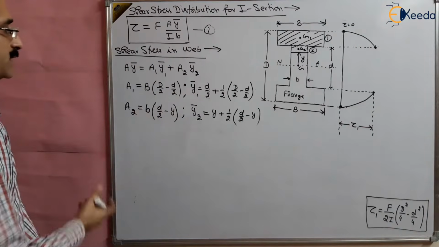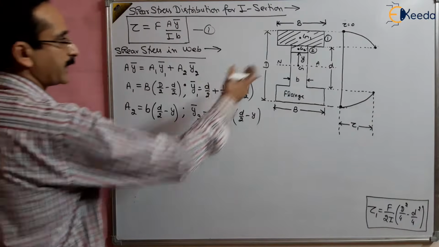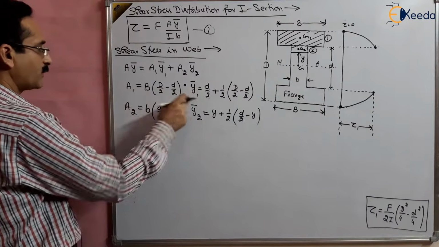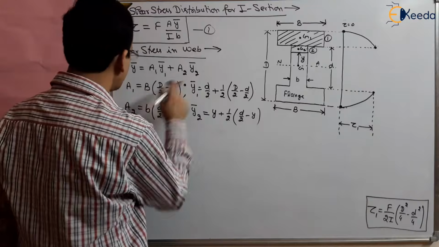So this is just mathematics. You can use this by seeing the diagram. So this is A1 y1 bar, A2 y2 bar. Solve it and you will get A y bar.